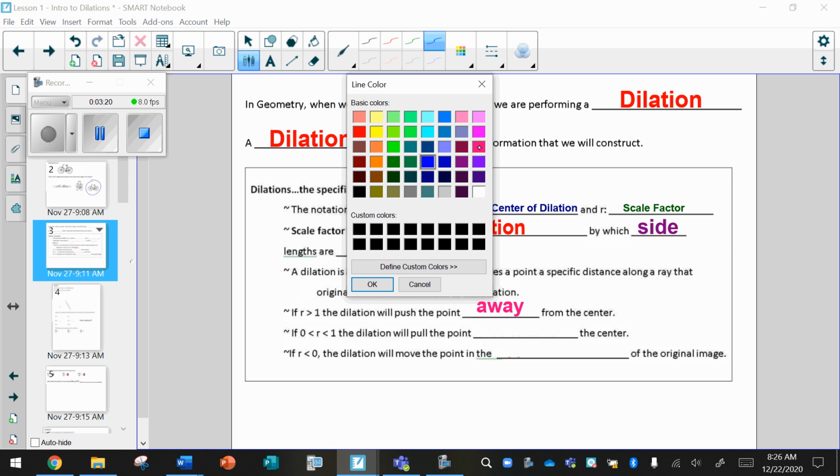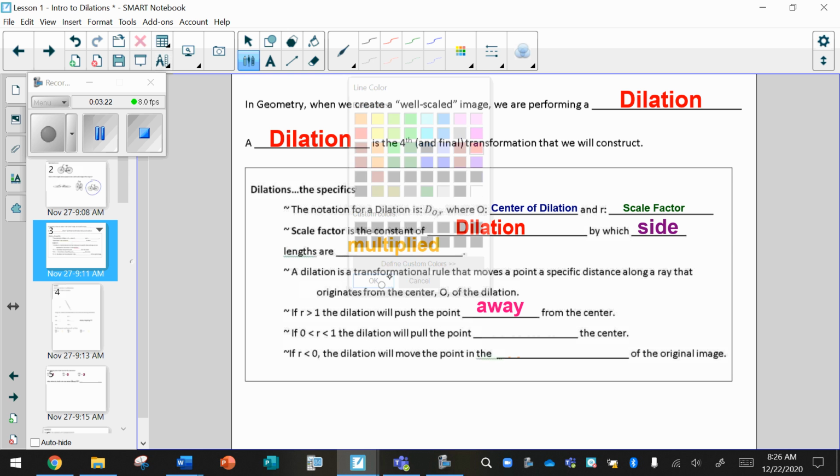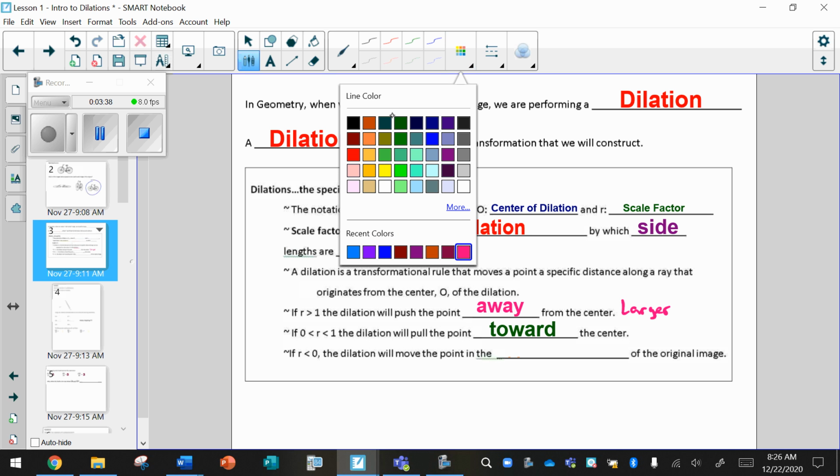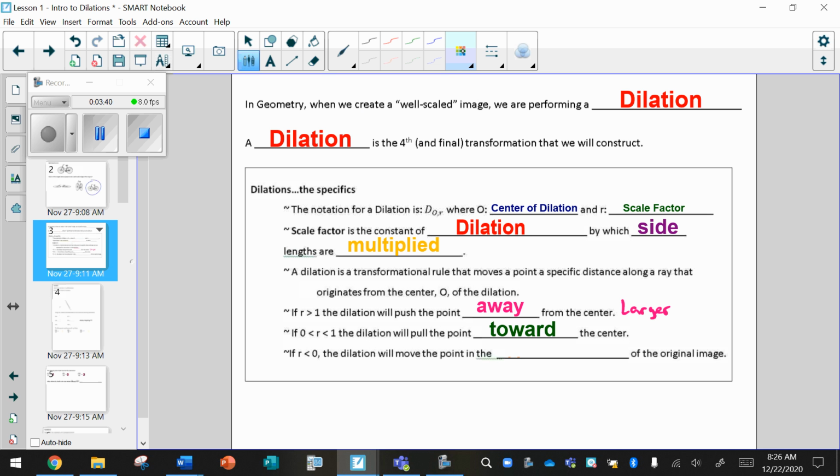If your scale factor is bigger than 1, then your shape is going to get larger. If your scale factor is between 0 and 1, the dilation pulls the point back towards the center of dilation, which means your shape gets smaller.